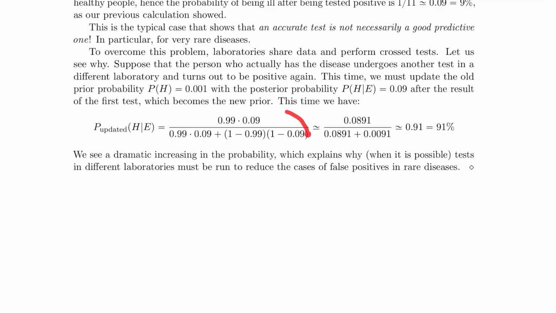If we perform the computation, this time we obtain around 0.91, that is 91%. So we see a dramatic increase in the probability, and this explains why, when of course it's possible, we must run tests in different labs in order to strongly reduce the cases of false positives.